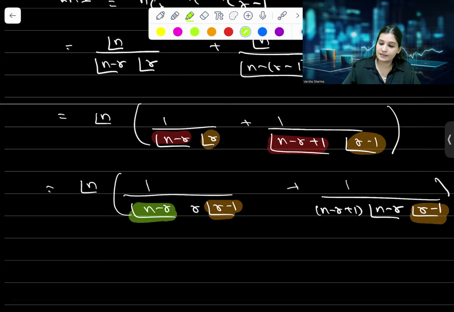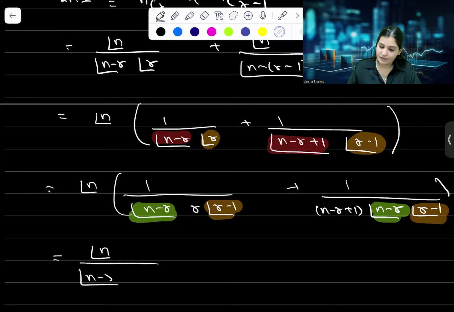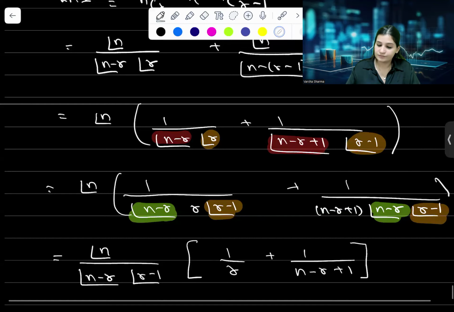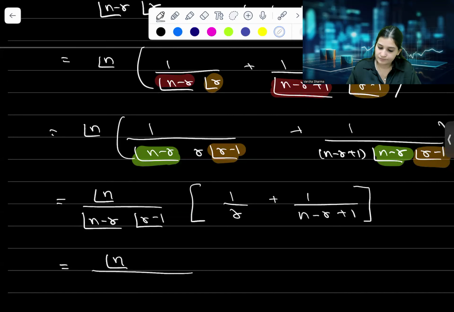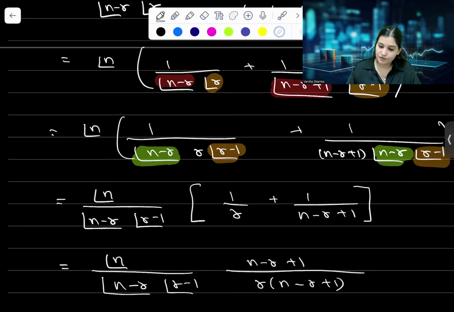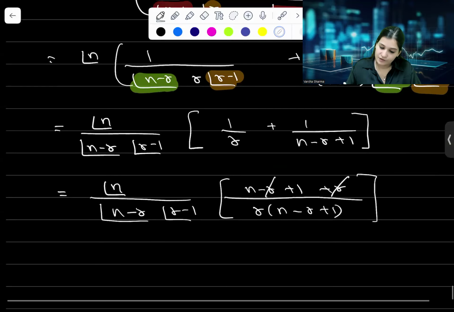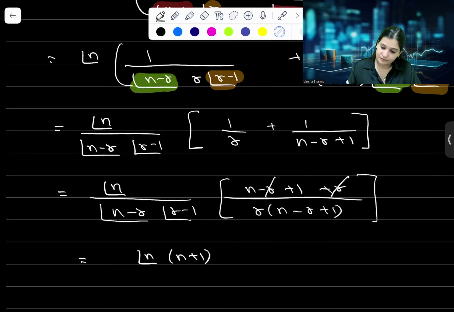So factorial n over factorial (n minus r) factorial (r minus 1), times 1 by r plus 1 by (n minus r plus 1). Taking LCM, (n minus r plus 1 plus r). r gets cancelled. So factorial n times (n plus 1) over (n minus r plus 1) factorial (n minus r) factorial r.